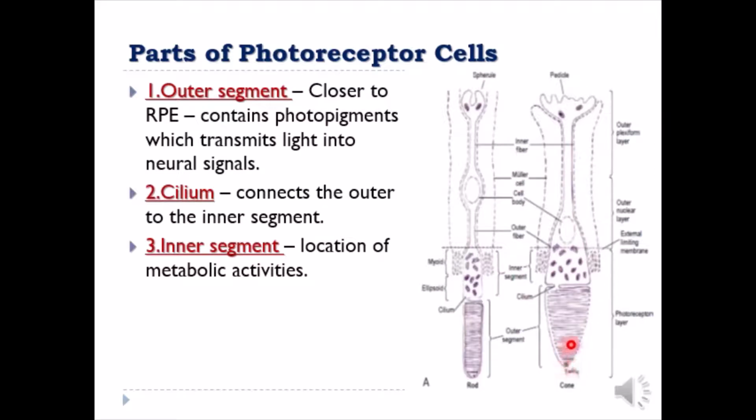The choroid supplies nutrients and oxygen, which pass through the outer segment into the inner segment, where energy is synthesized within the photoreceptor cells so that light can be comfortably converted into neural signals. So, a quick recap: it has three parts, the outer segment, the inner segment, and a connecting link between them, the cilium.